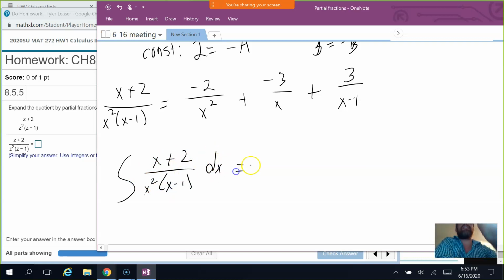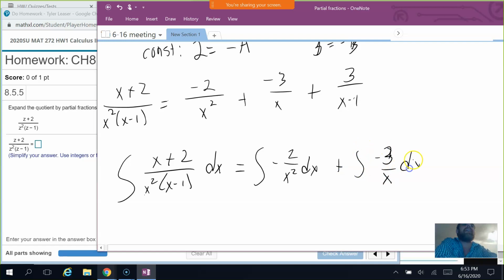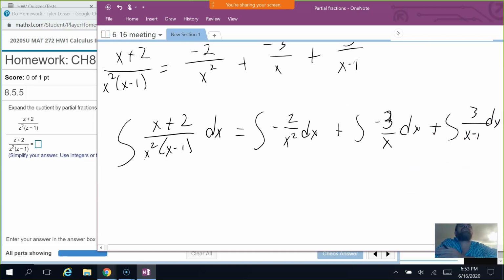What we would do instead of doing this complicated integral is that we would integrate negative 2 over x squared dx plus the integral of negative 3 over x dx plus the integral of positive 3 over x minus 1 dx. So you're just integrating over the partial fraction decomposition instead, because those are usually a lot easier to do.